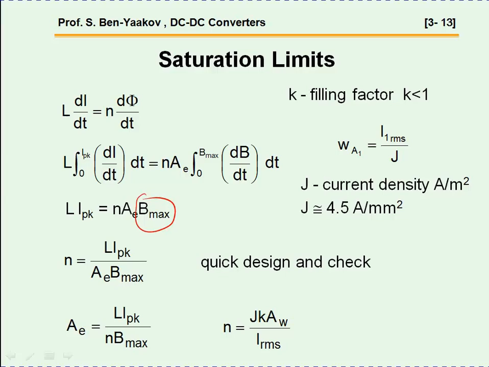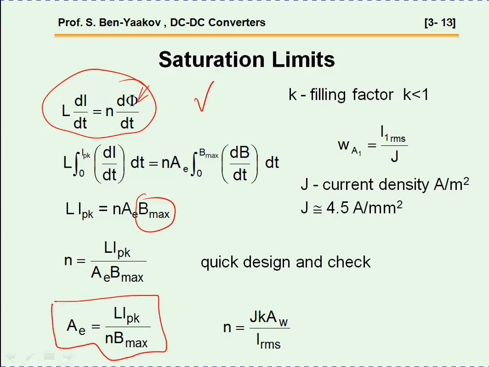And then, using again the state space equations, relating L, the current and the magnetic flux to the voltage, and doing some manipulation, we extract an expression for AE, the cross-section area of the core, and the number of turns.